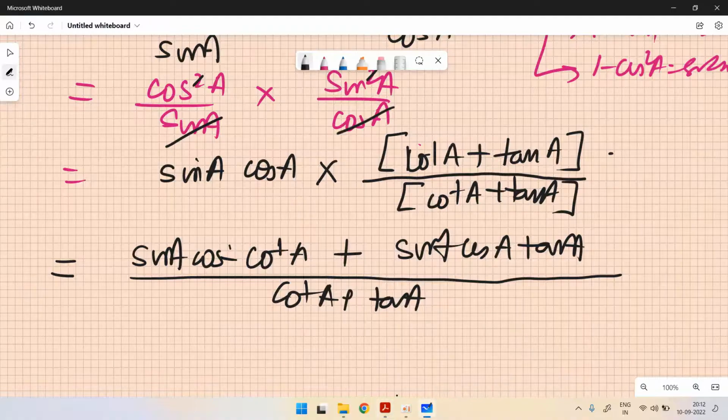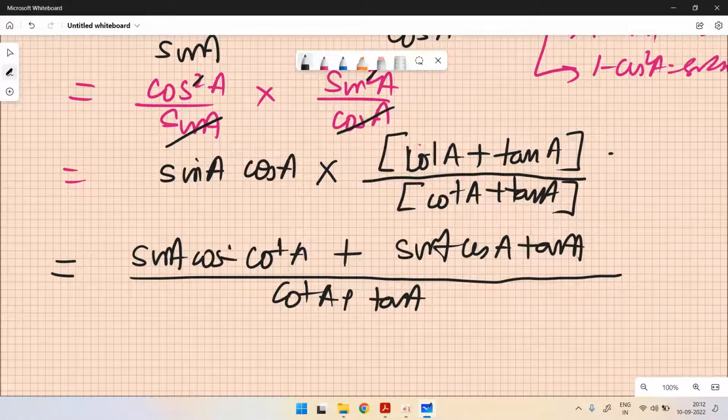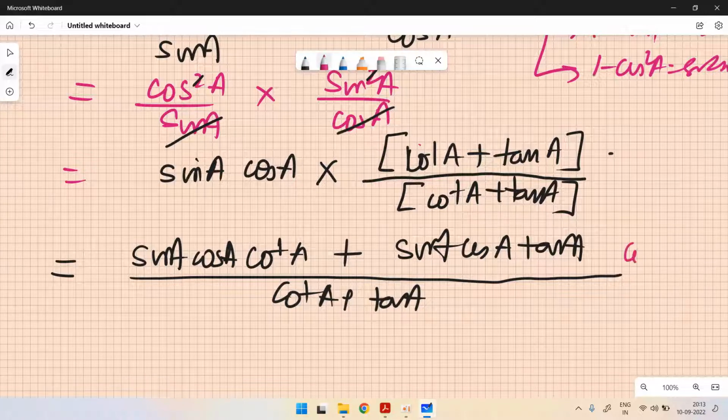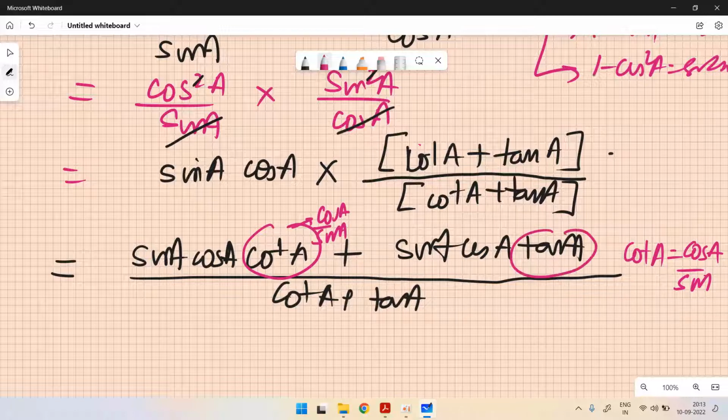So from here, cot A is nothing but cos A by sine A, and tan A is nothing but sine A by cos A. The cos A and cos A get cancelled, and sine A and sine A in the denominator get cancelled.